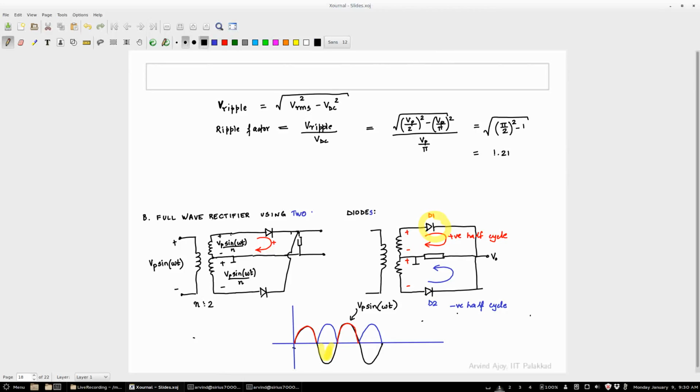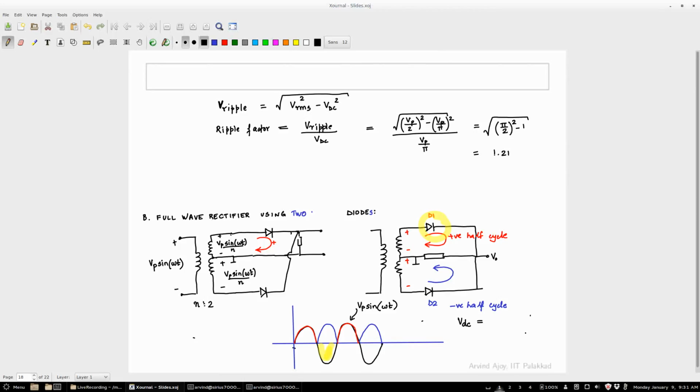Alright. So basically, you will have a situation where the positive half cycle will come from here, and then the negative will come. And can you guess what the values of various other quantities are going to be?